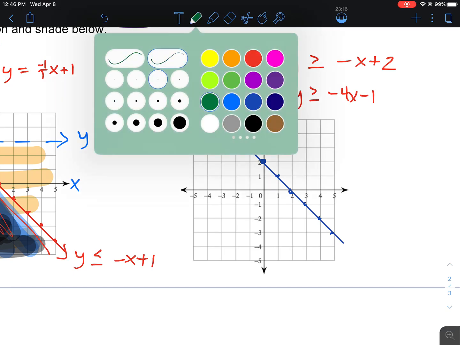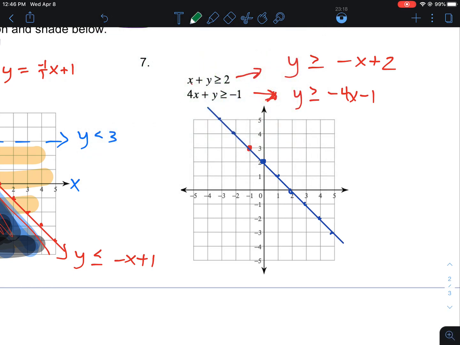And then this guy, the second one, negative 4x minus 1, that has a steeper slope of negative 4. So I can really only fit a few points on here. It'd be like this. So essentially, this guy right here. And if you're going to be greater than or equal to both of those lines, then you're going to be in this region right over here.